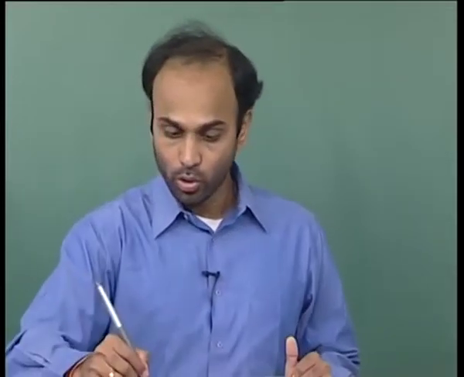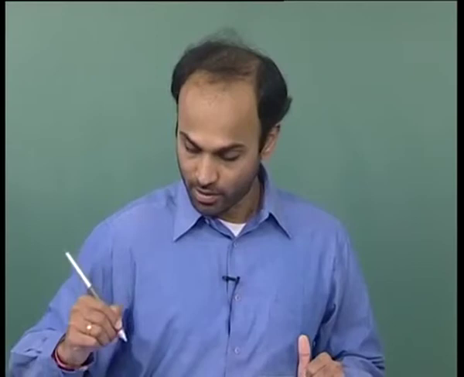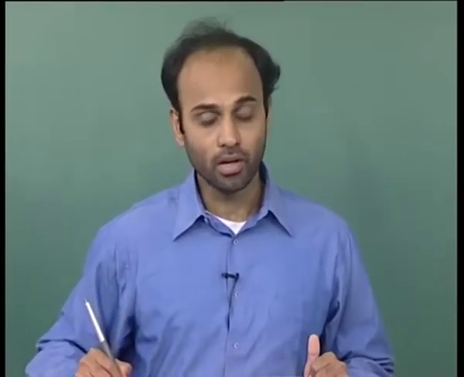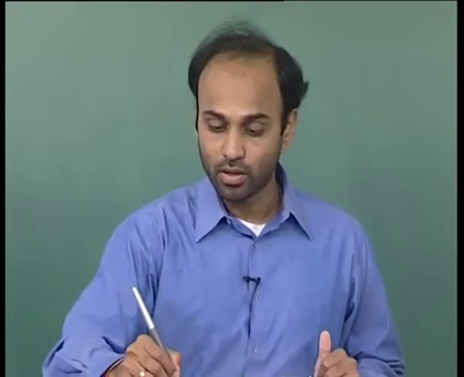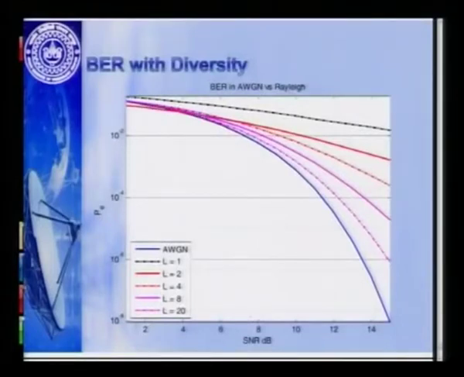Let me just show you, to reinforce this idea, a plot of the bit error rate of systems with different numbers of receive antennas. Here I have a plot of the bit error rate of a wireless communication system with different receive antennas. This blue one here is AWGN, that is the wireline communication system.